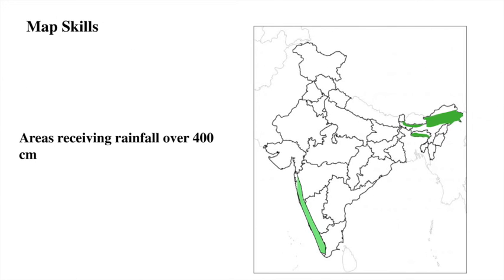Then map scale, areas receiving rainfall over 400 centimeter. To mark these areas receiving over 400 centimeter, you have to mark at least 4 areas. One is the Western Ghats, windward side of the Western Ghats, as marked in this map.